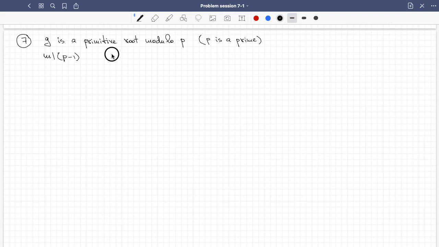We also suppose that m is, of course, a small positive integer, which is bigger than 1, not 1, and not p minus 1 itself. And the question is, how many solutions under these assumptions does the congruence have?